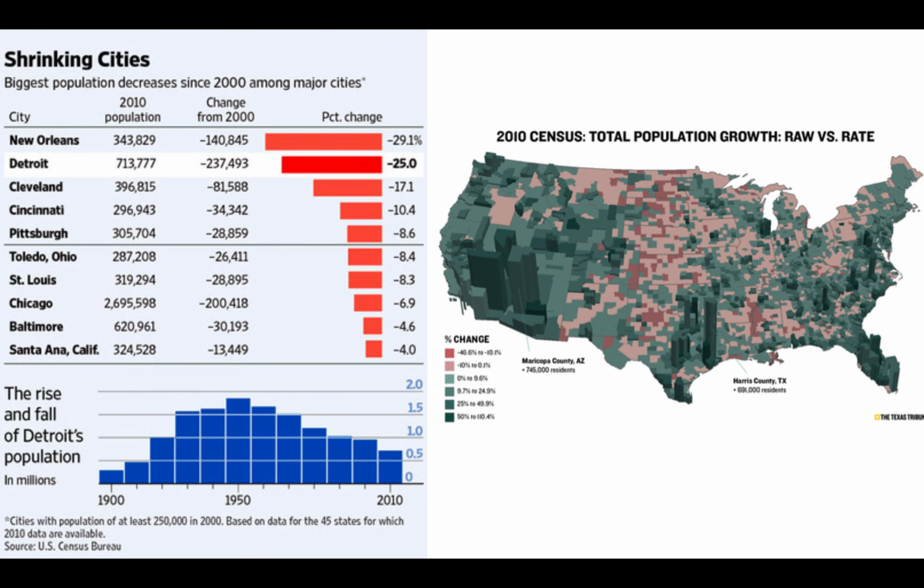You can also look at growing and shrinking populations, which is really important every 10 years for the census because eventually Congress will reapportion. If you remember what this is, they will take away seats in the House from some states and give them to other states based on population changes. So if I looked at these graphics, I see that Detroit has been plummeting in population. Their population was still plummeting after 2010.